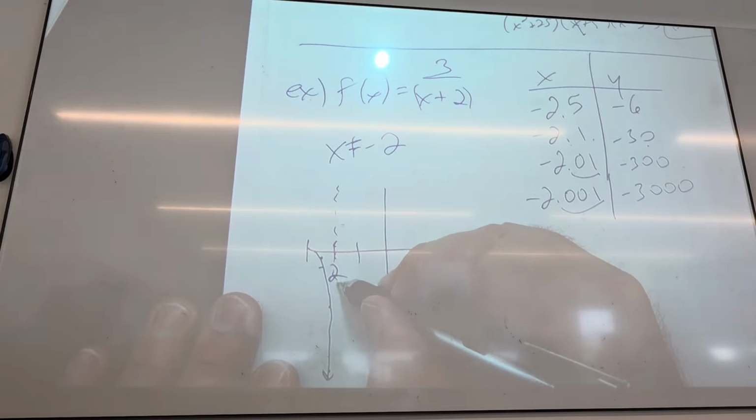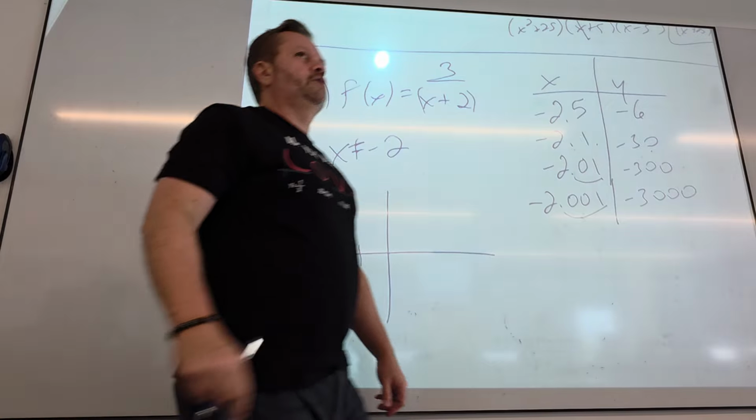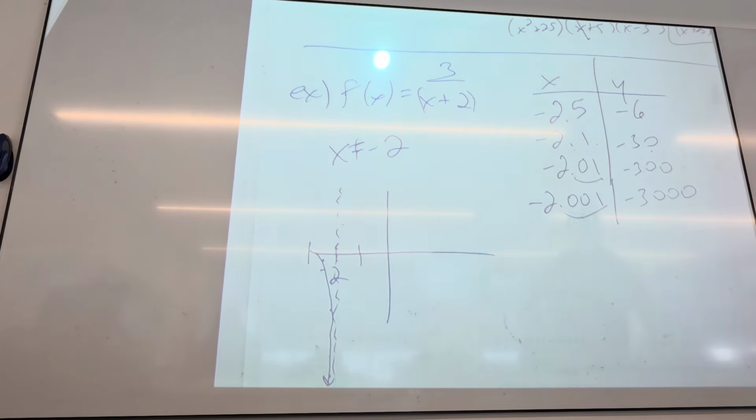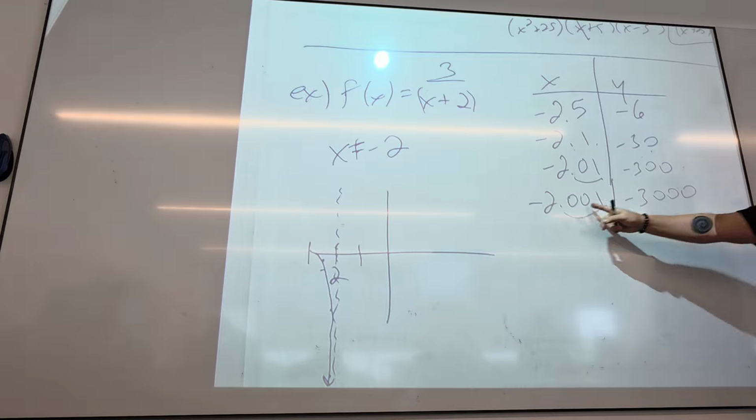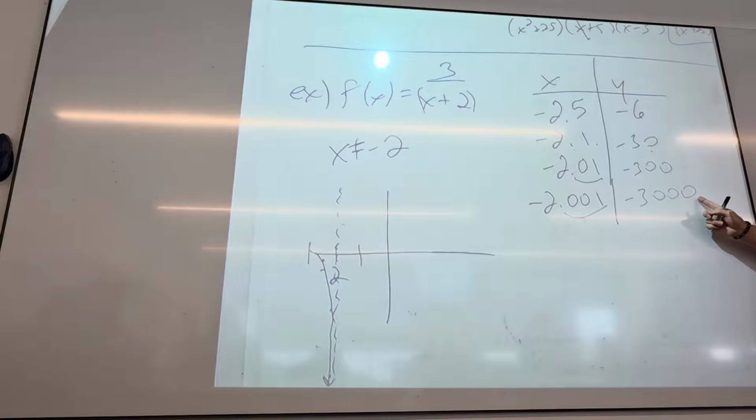This is what we call asymptotic behavior. Do you see how that would keep going forever? If I add more zeros, my numbers keep getting more and more negative. Will that ever end? How many zeros can I keep plugging in? Infinite, so it keeps going down forever.